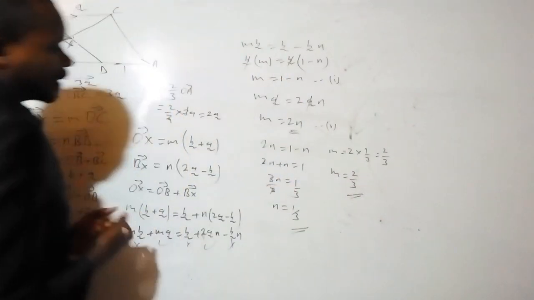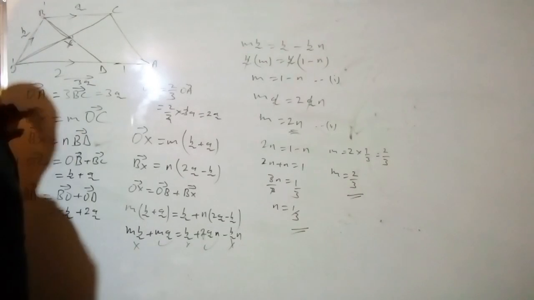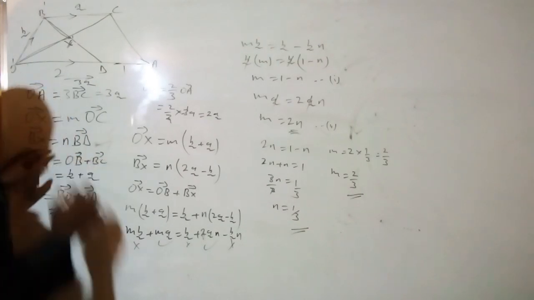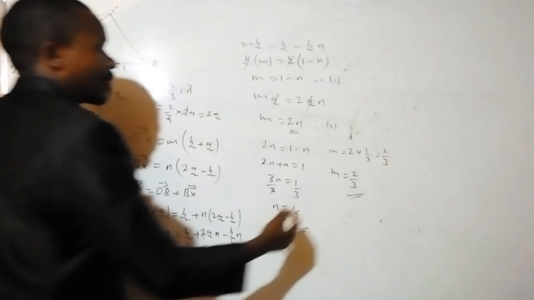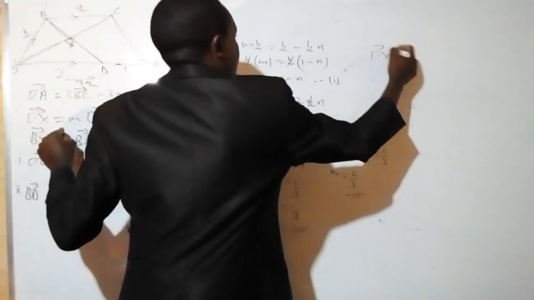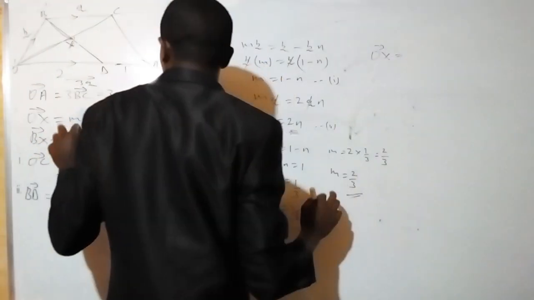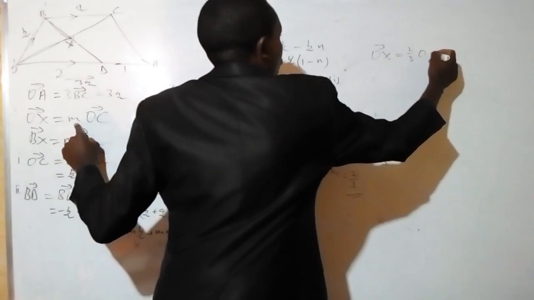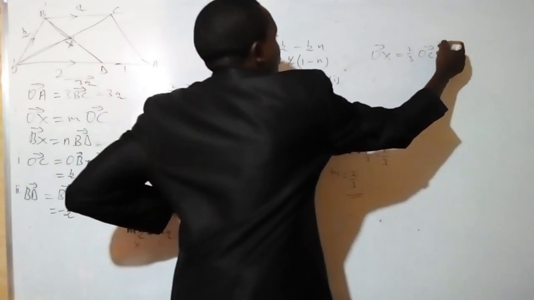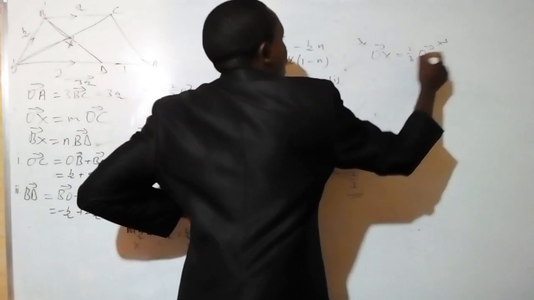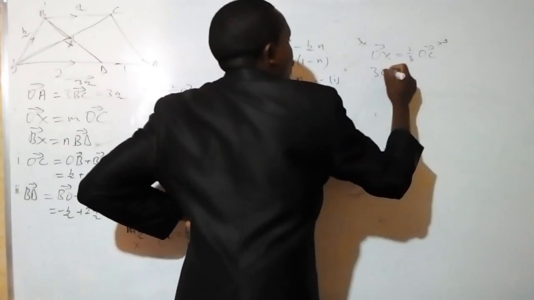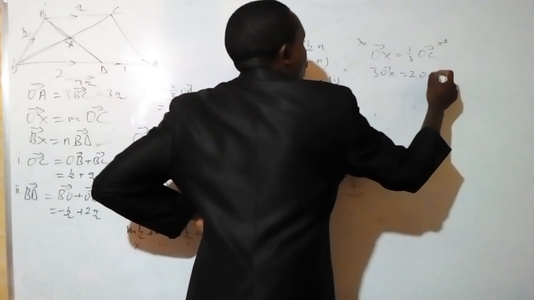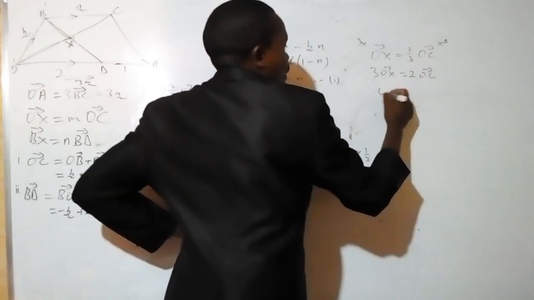First of all, you pick this equation: OX is equal to M OC. M is 2 over 3 OC. You can multiply by 3 on both sides. 3OX is equal to 2OC. In terms of ratio, OX is to OC.